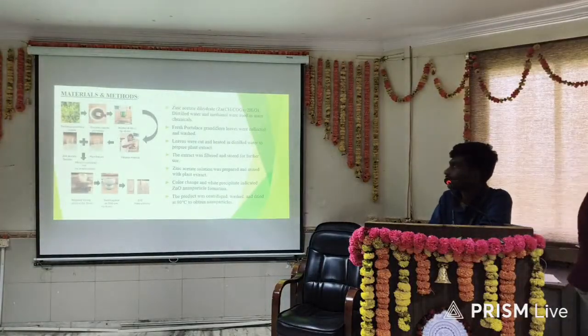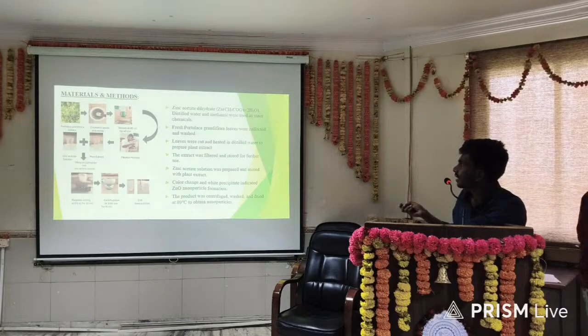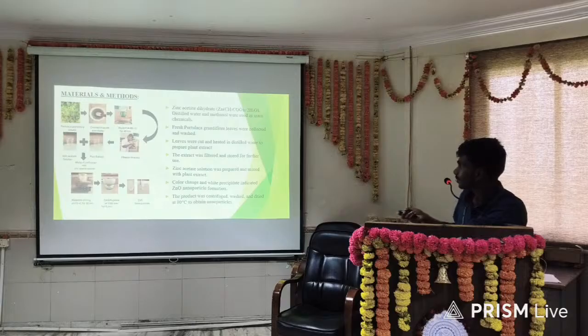Methods and materials. Majorly, for the synthesis we used zinc acetate dihydrate solution, distilled water, and methanol. Portulaca grandiflora leaves were collected from the campus. The leaves were cut into small pieces and crushed, then heated at 80 degrees centigrade on a magnetic stirrer for 40 minutes.